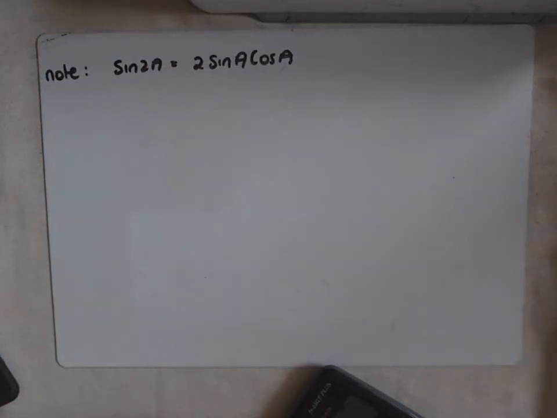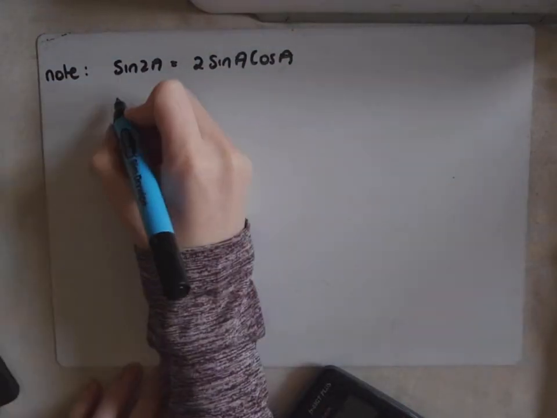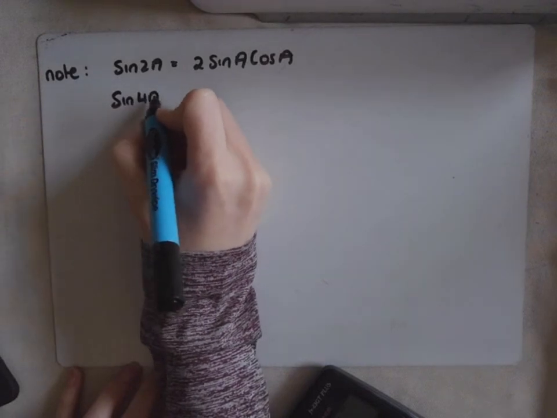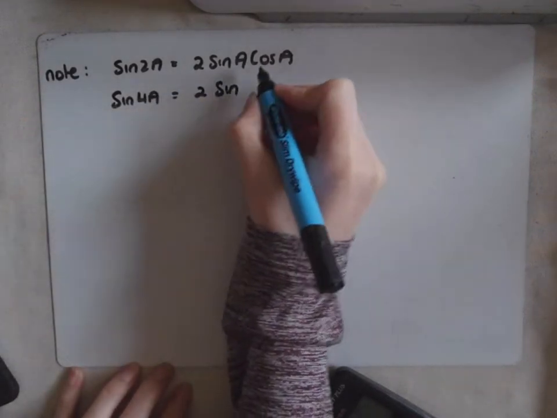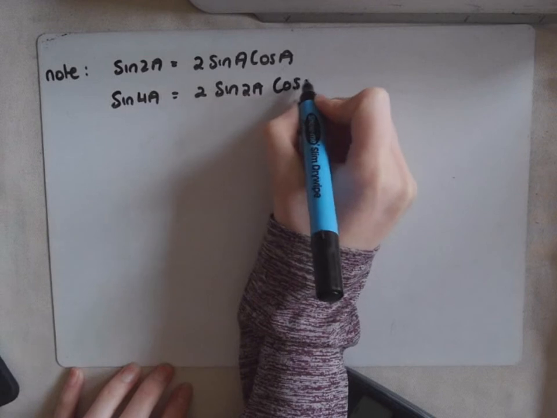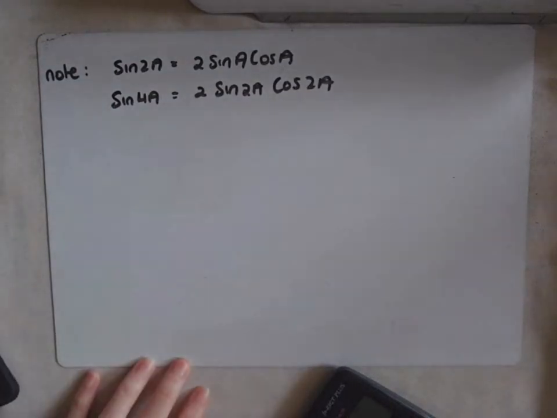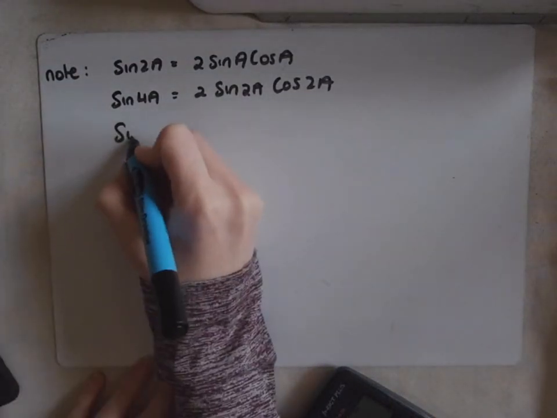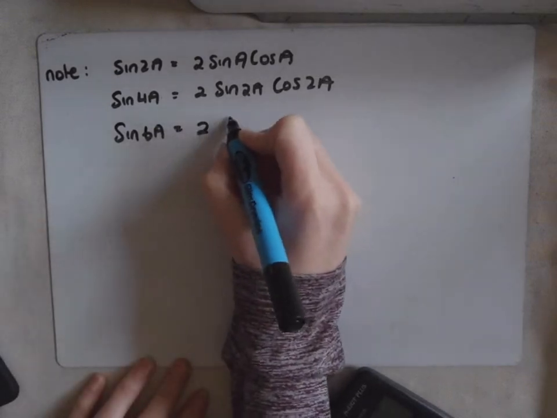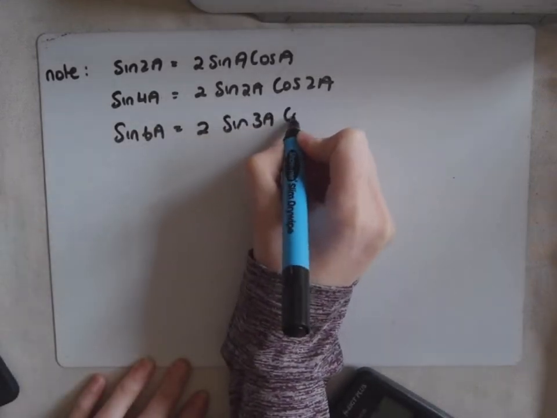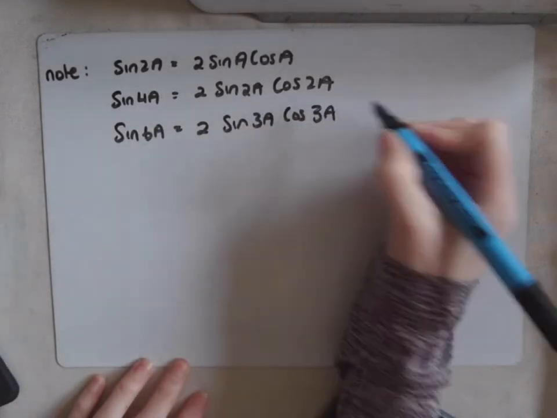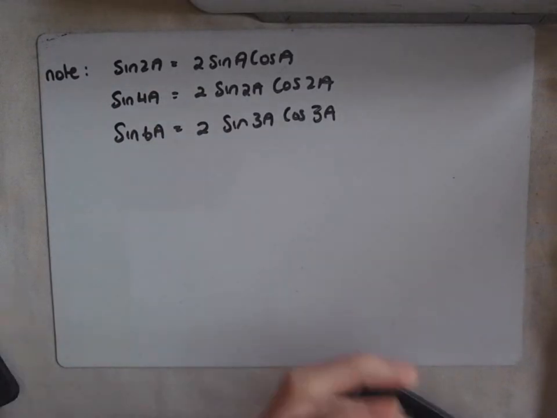Sine of 2a is 2 sine a cos a. Sine of 4a would be 2 sine 2a cos 2a. Sine of 6a would be 2 sine 3a cos 3a. Okay, so you're just using what you know and kind of expanding on it a little bit.